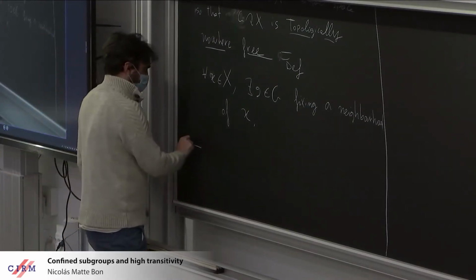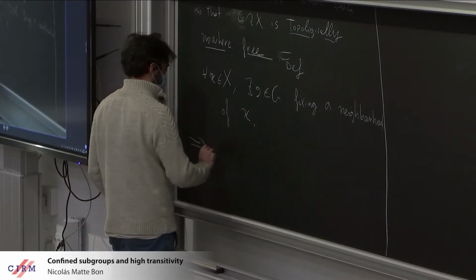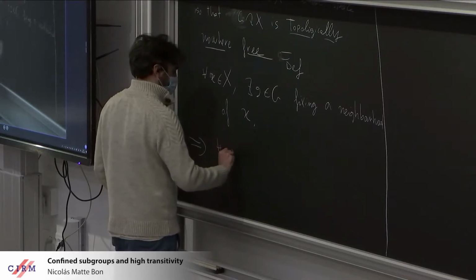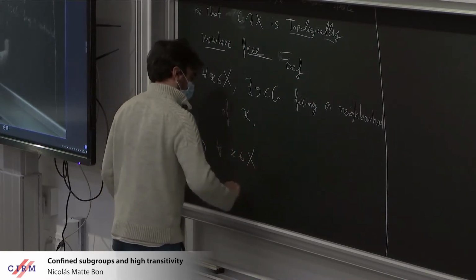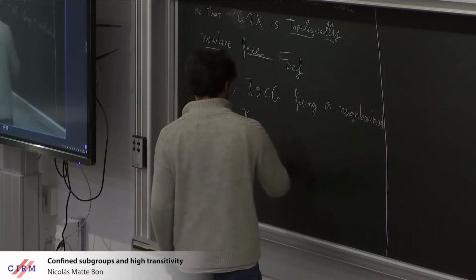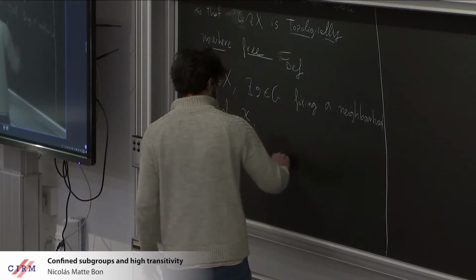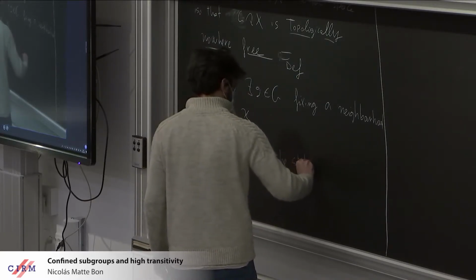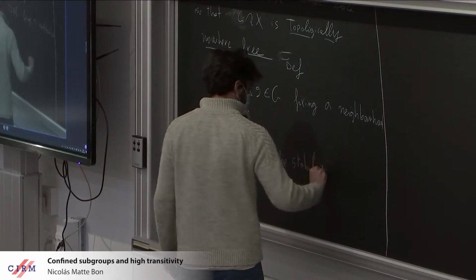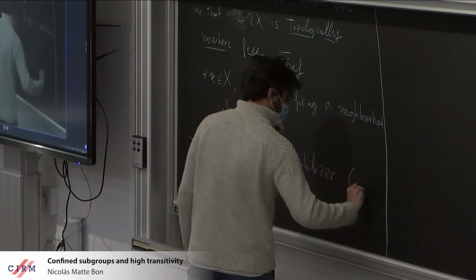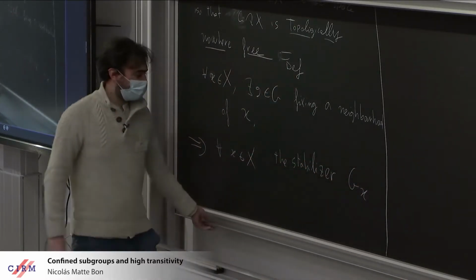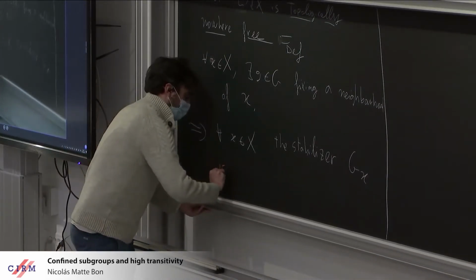Then, if you have this property, for every x in X the stabilizer G_x of x, the subgroup of elements that fix x, is a confined subgroup.